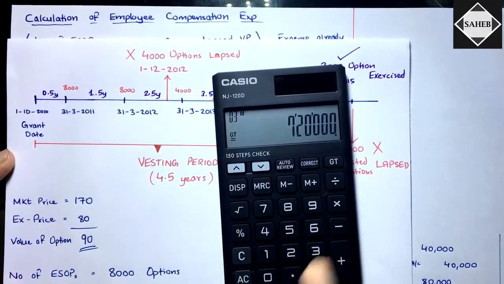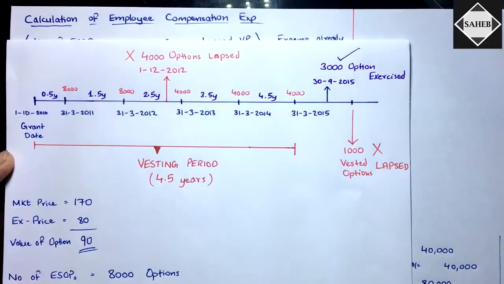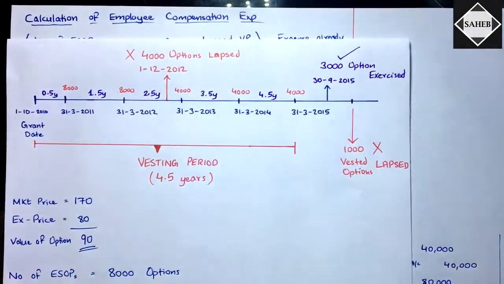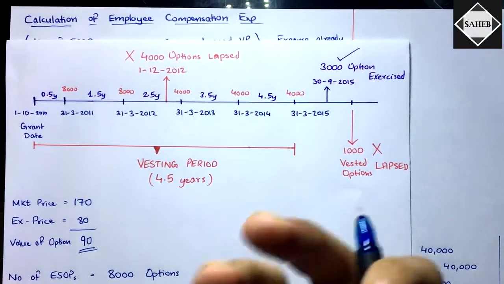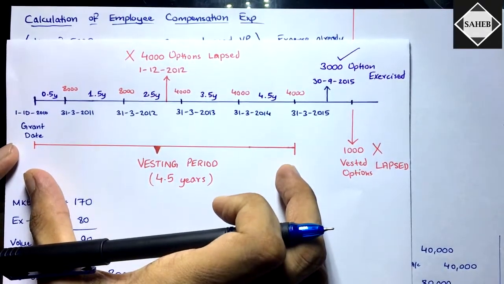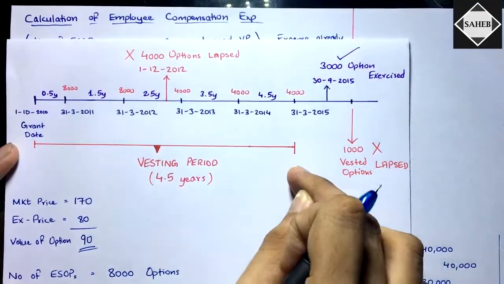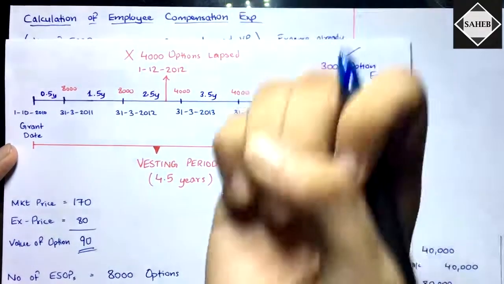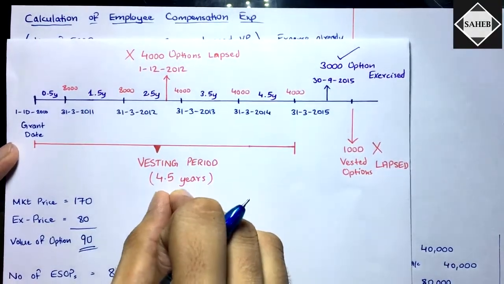We are incurring this 7,20,000 expense because of ESOP, and the benefit of ESOP the company is getting over the entire vesting period. The employees are working for the entire vesting period. So we are getting the service from the employees for the entire 4.5 years.